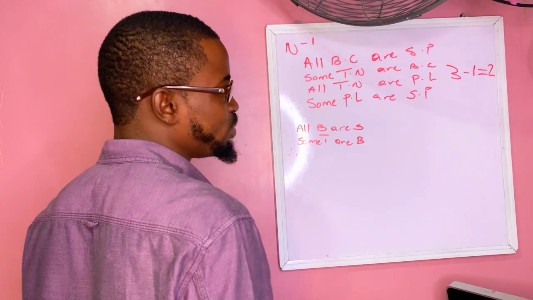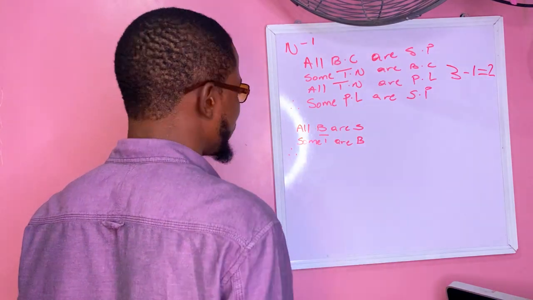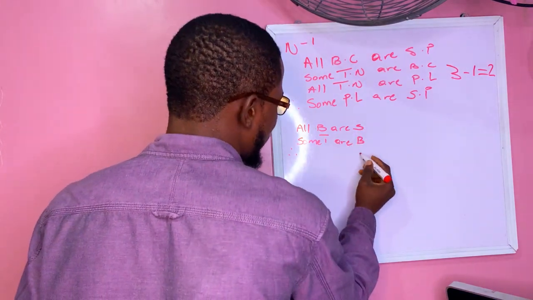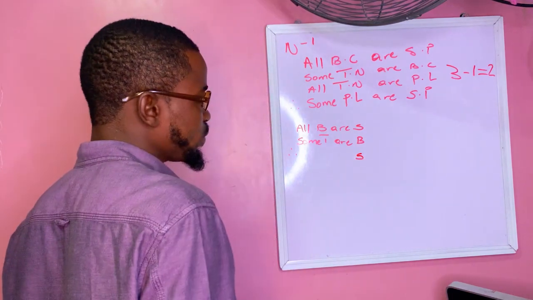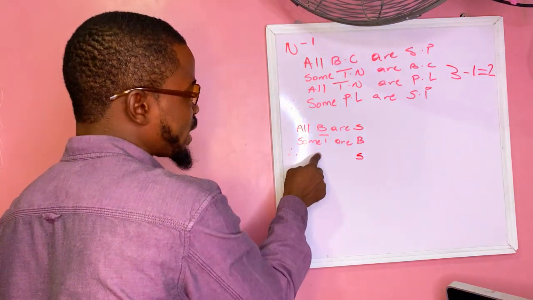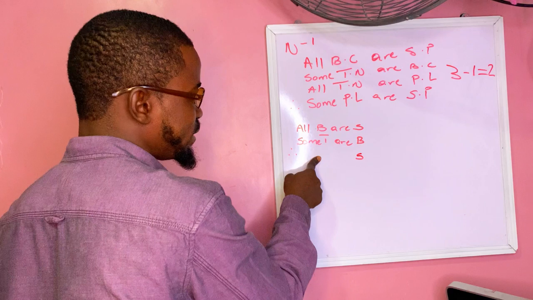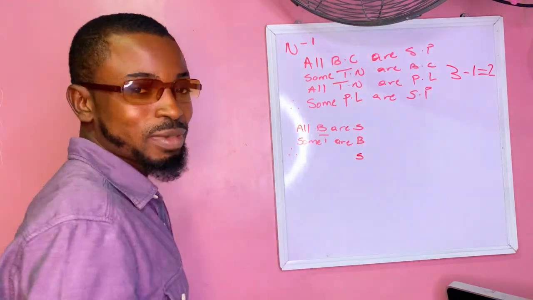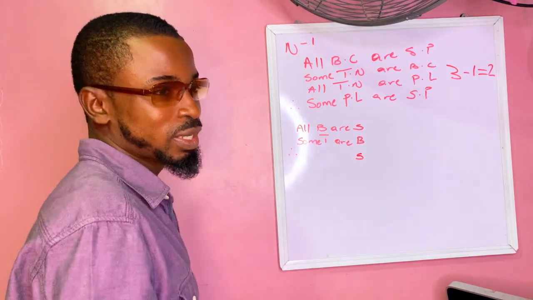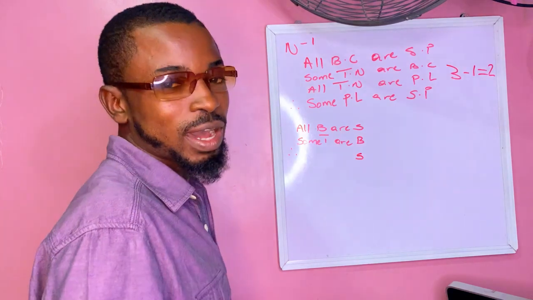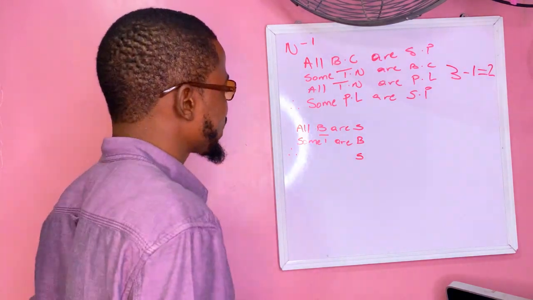And we said the major term is going to be at the predicate of the conclusion. So that means superstitious people is going to be here. I don't know whether I should write born again Christian here or timid Nigerians here. Born again Christian is already my middle term, so I cannot put it in the conclusion again, because the middle term is the term that occurs in both premises but is absent in the conclusion.